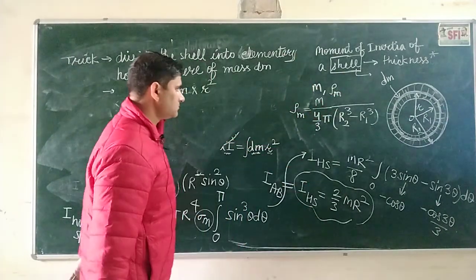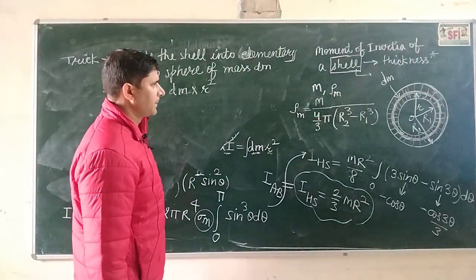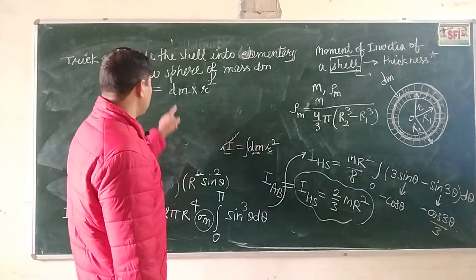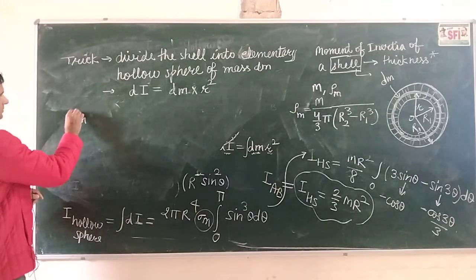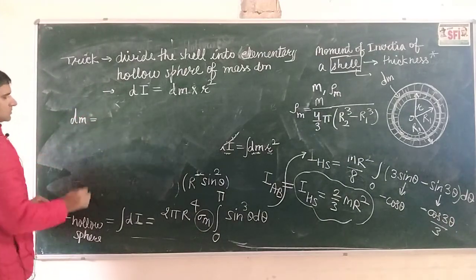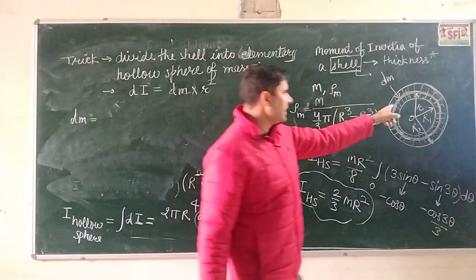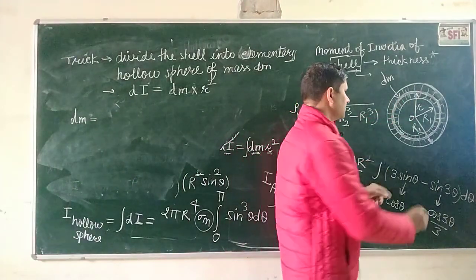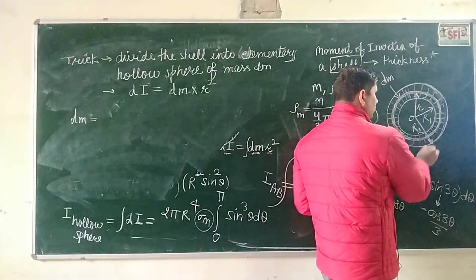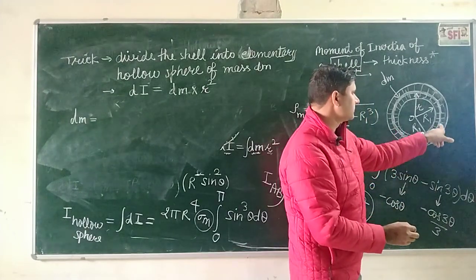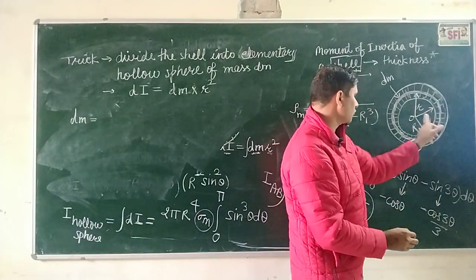So in this way you will get the volume, and this is the volume mass density of this shell. If you want to find out the small mass of this elementary sphere, then you have to find the volume enclosed by this shaded white elementary hollow sphere.